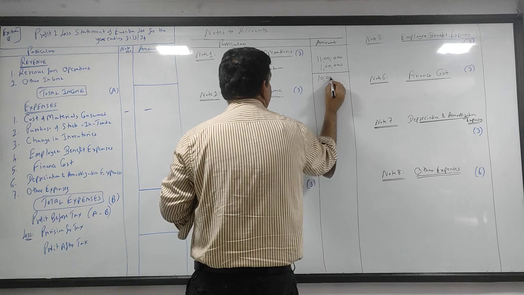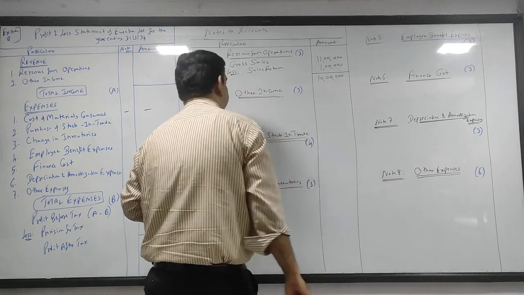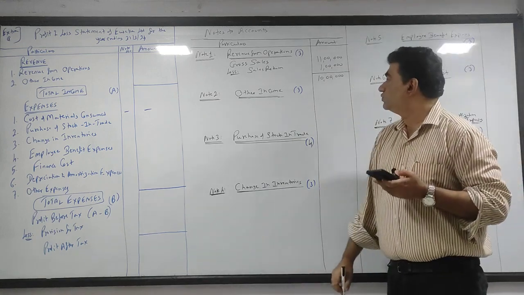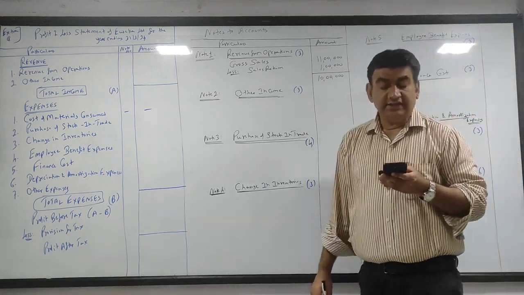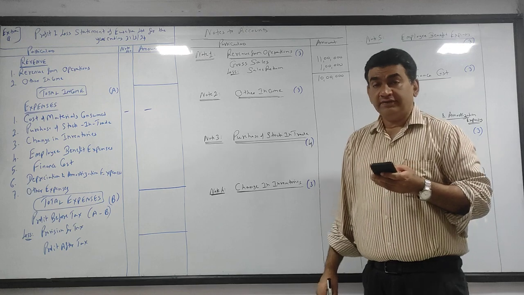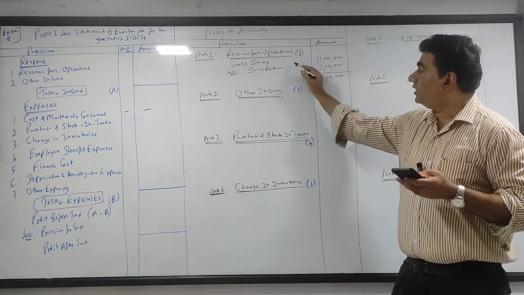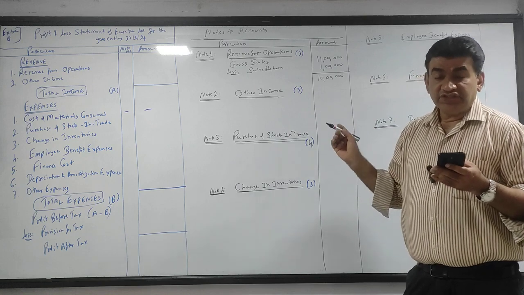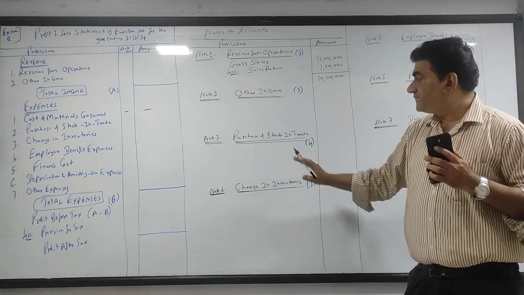So 11 minus 1, that is 10 lakh. Got it? Had you even put it in the inner column, return minus करके बाहर देखो तो भी फर्क नहीं पड़ता था.